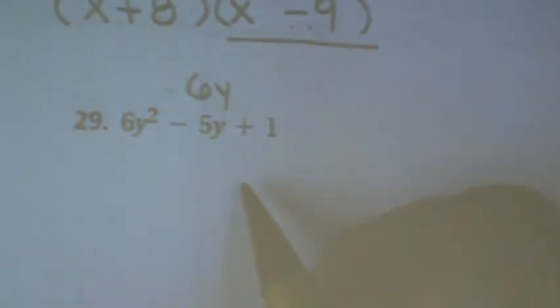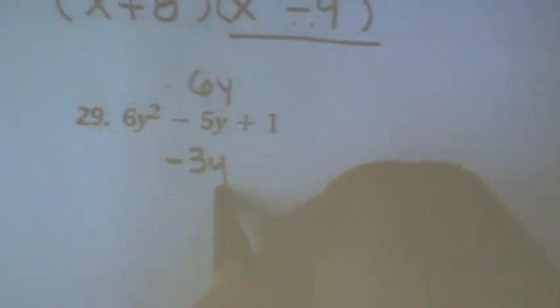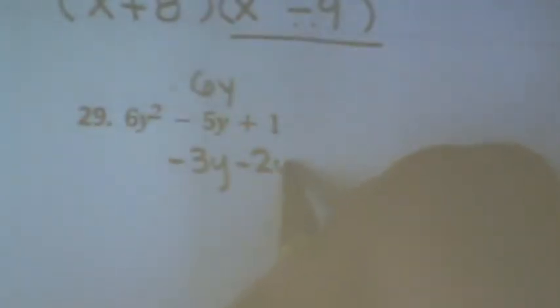Number 29, you multiply 6 times 1, you get 6. What two numbers multiply to give you 6, but add to be negative 5? So they both have to be positive or they both have to be negative. This is tricky. So you're going to make this negative 3y and then minus 2y, because a negative 3 times a negative 2 is a positive 6.